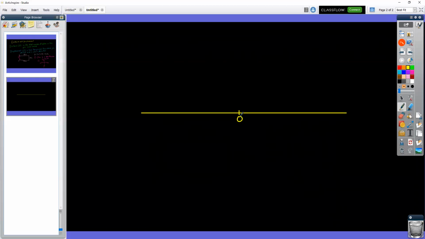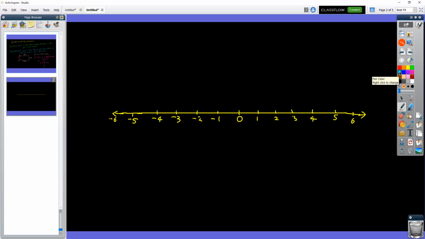So we're going to put 0 in the middle, and 1, 2, 3, 4, 5, might go a little bit further, 6, and this way, -1, -2, -3, -4, -5, -6, etc.